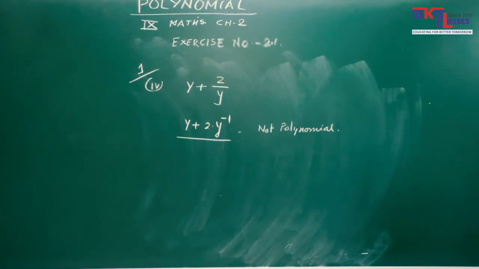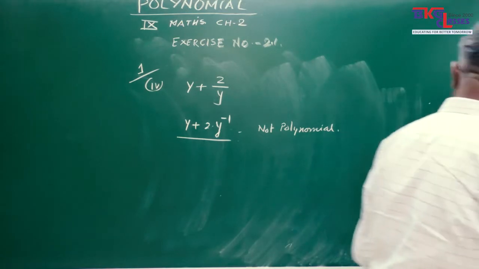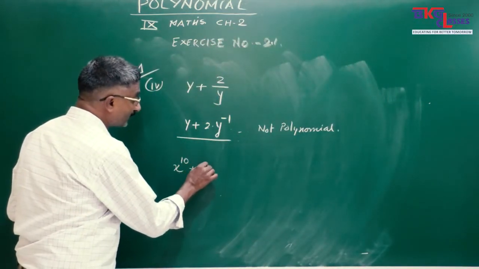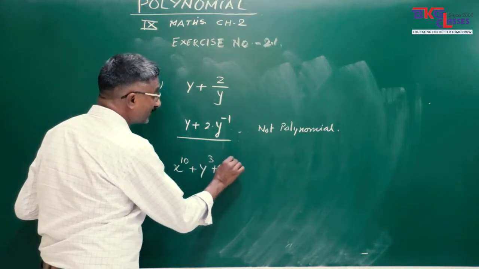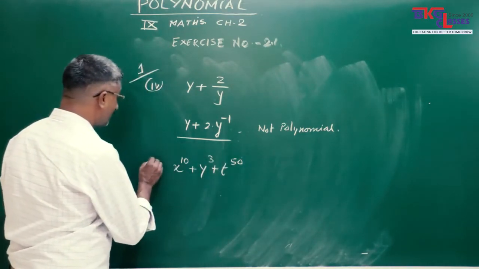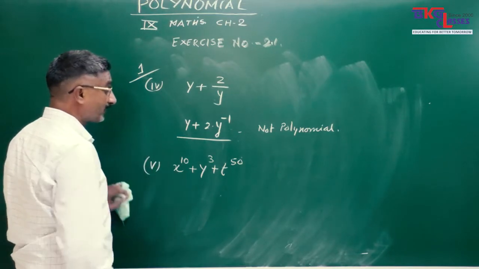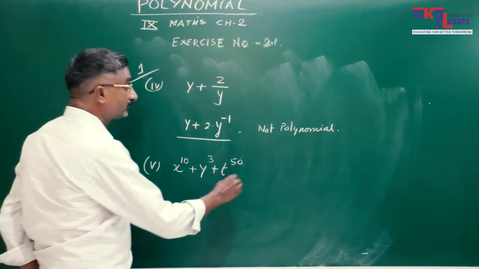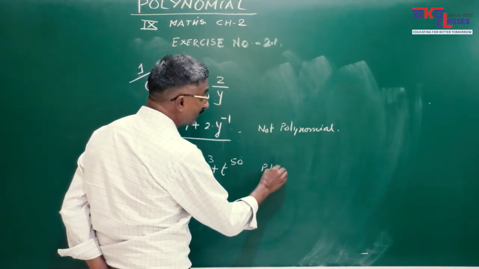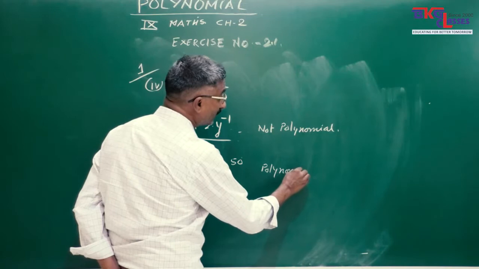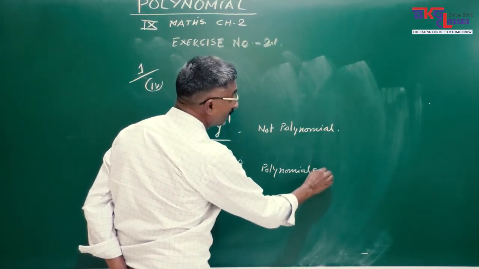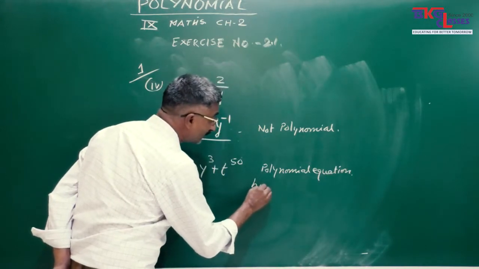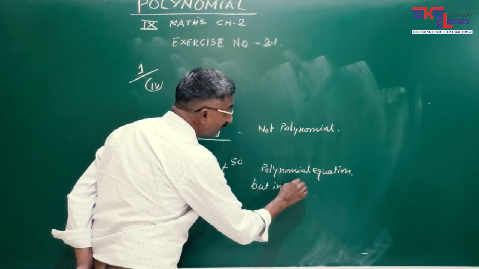Next one is x raised to the power 10 plus y raised to the power 3 plus t raised to the power 50. So this is the fifth one. Of course, this is a polynomial, but in 3 variables.